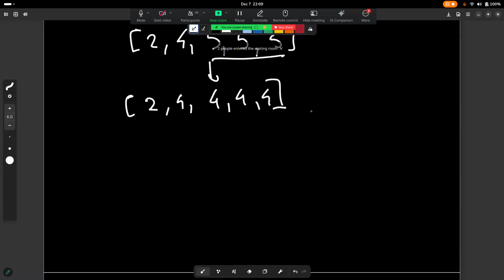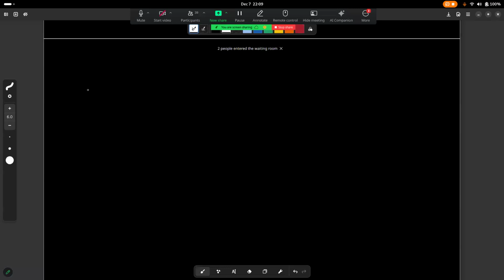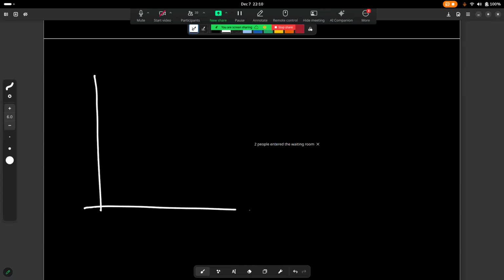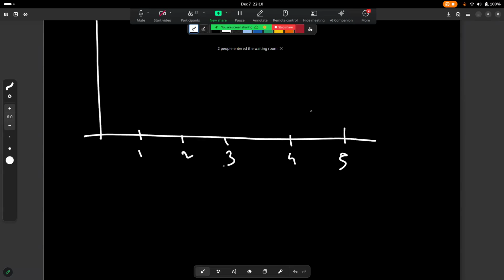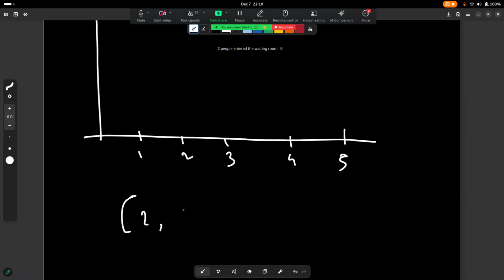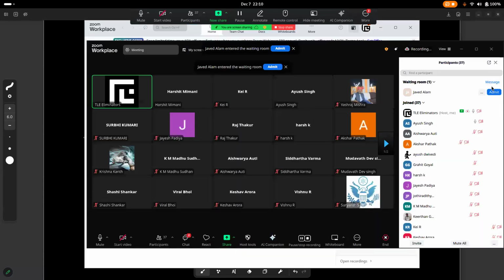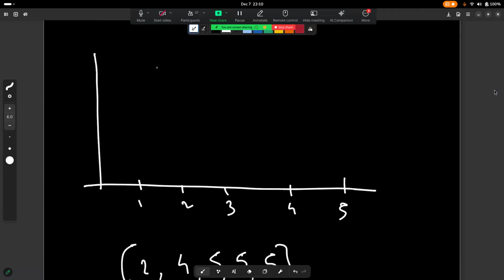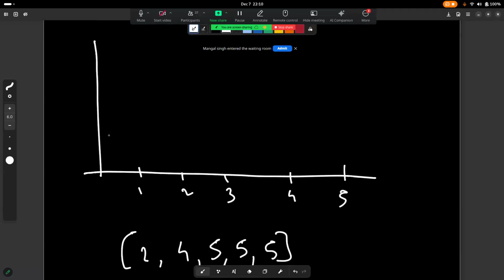Basically, if you want to visualize this thing, let's just say that this is your x-axis, this is your first element, this is your second element, this is your third, fourth and fifth element, and our array was 2, 4, 5, 5, and 5. The first element has a value of 2.